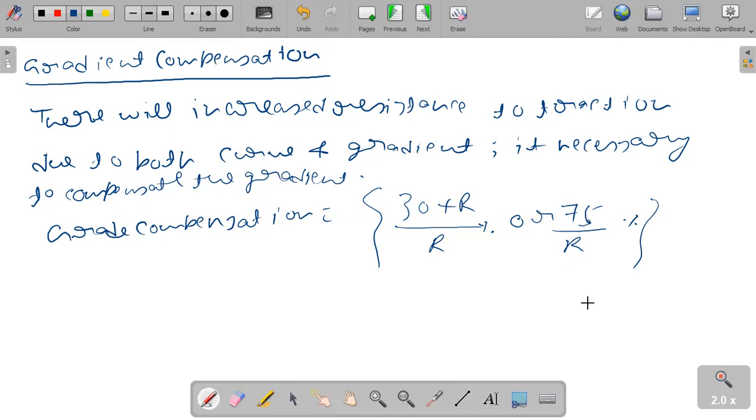Grade compensation is equal to the minimum of both of these. If this one is the minimum, then grade compensation is equal to this one; if the other is the minimum, then it is equal to that one.